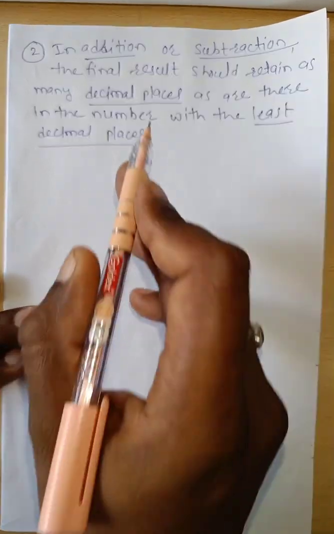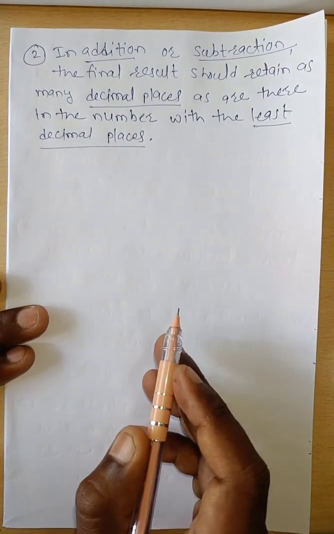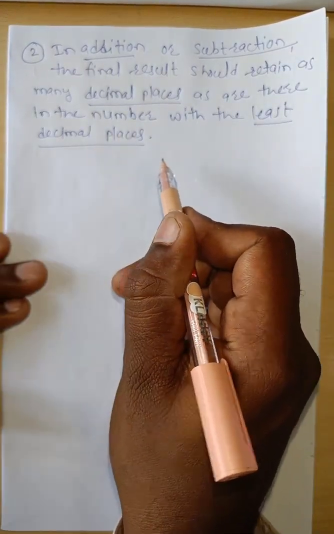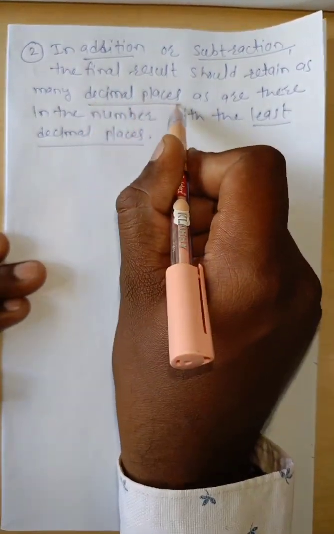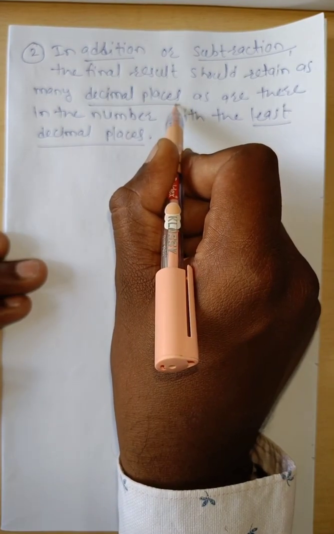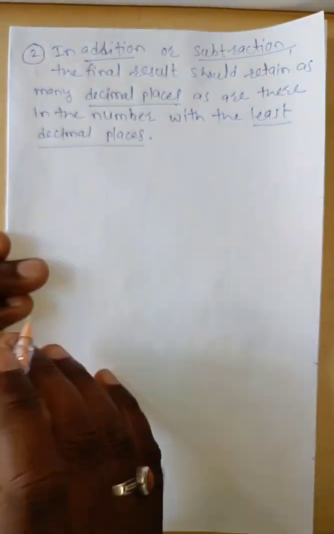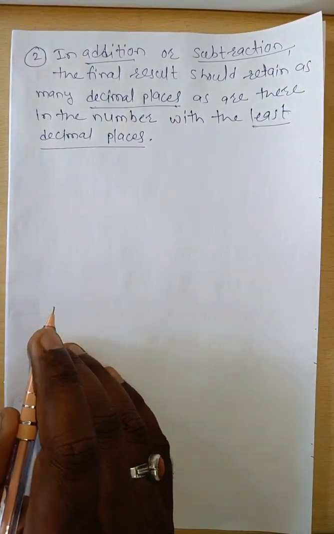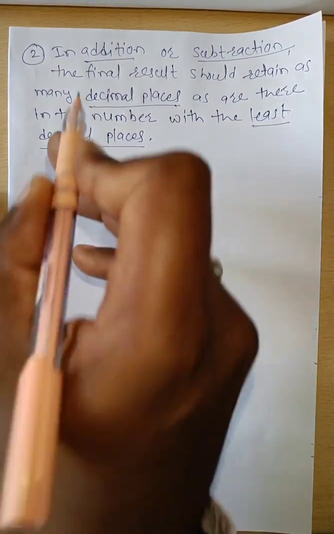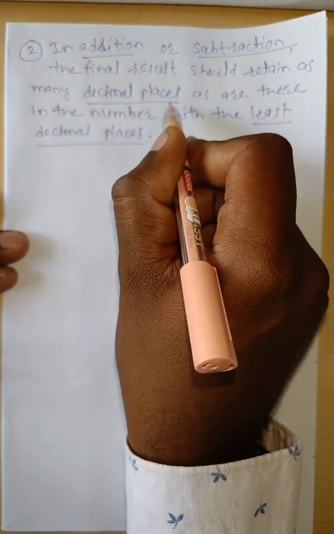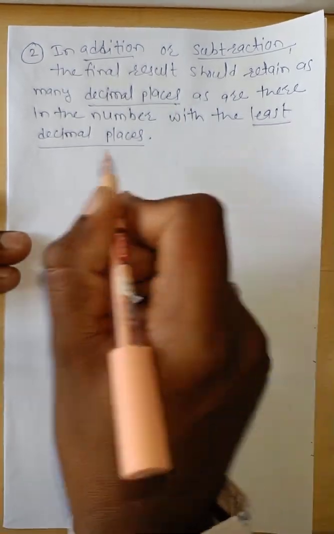But in addition and subtraction, you have to observe the decimal places. How many decimal places are there? Then the final answer should have the least decimal places. We have to observe the decimal places when performing addition and subtraction.